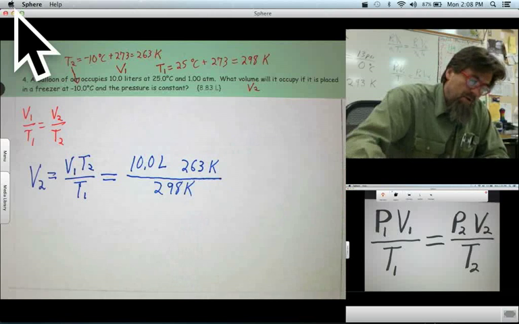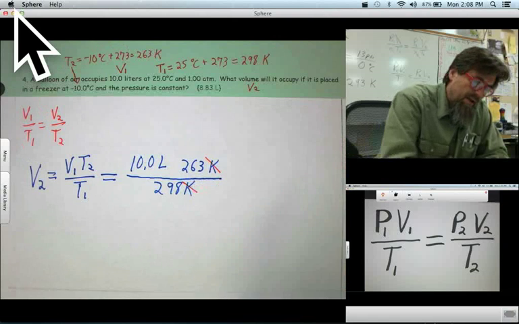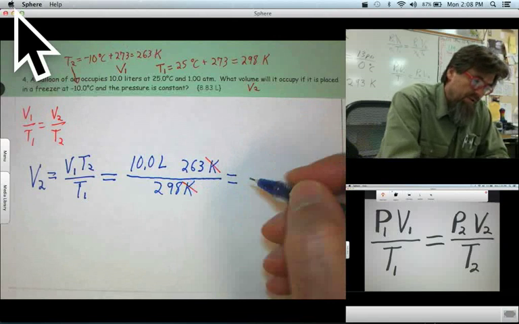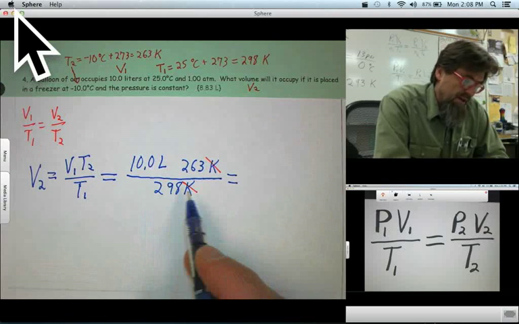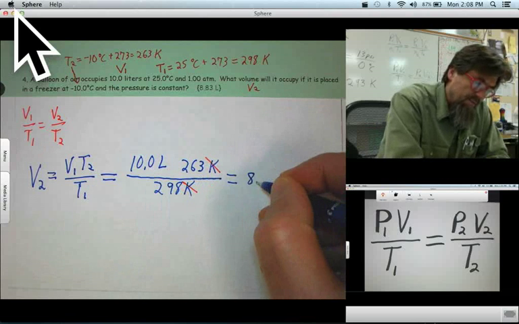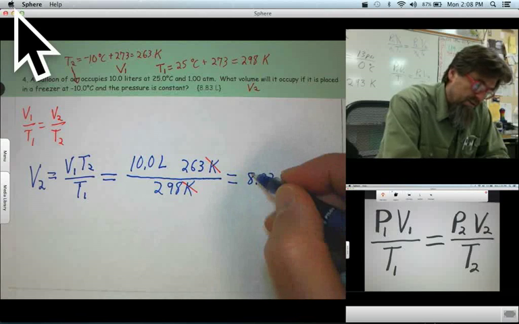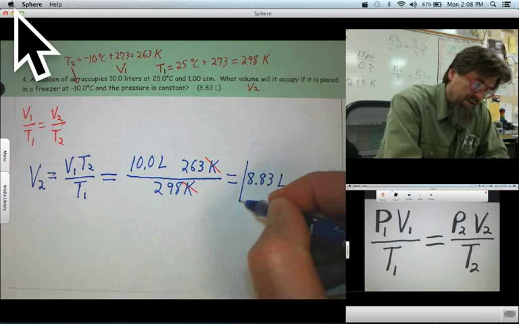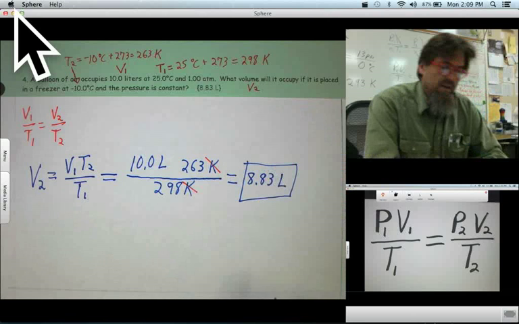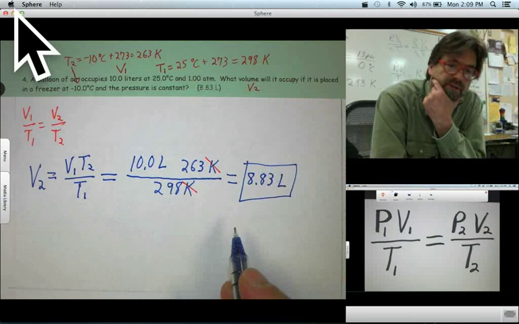Now Kelvin cancels Kelvin, and we are left with the calculation. We do that on our calculator and we get 8.83 liters is the only unit left standing, and there's our answer. So 3 sig figs because we have 3 sig figs in our starting data.